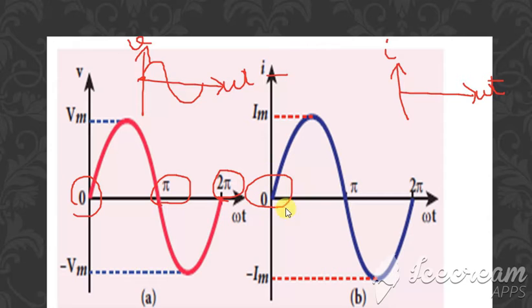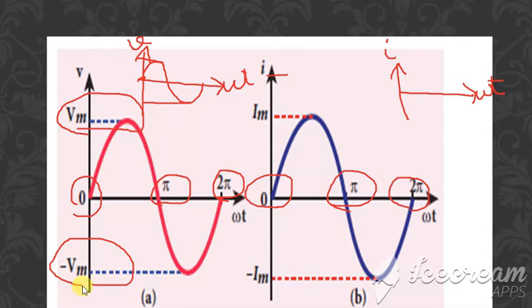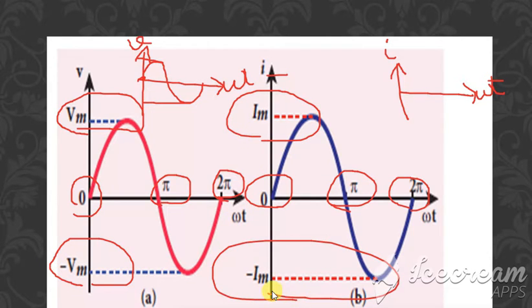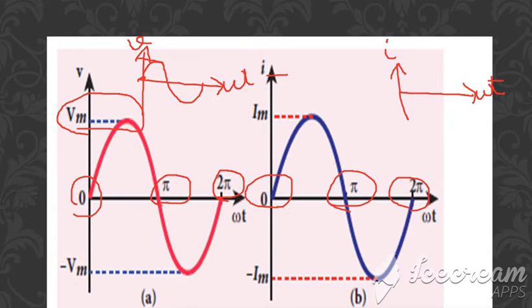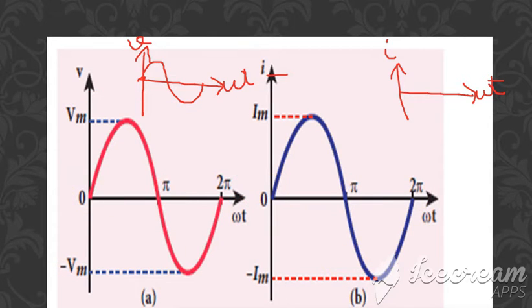In the same way here also 0, pi, and 2 pi. Next, when you see the maximum positive and the maximum negative values here, this is the maximum positive, and that maximum positive is represented as Vm, and the maximum negative is represented as minus Vm. In the same way here Im, and this is minus Im. Okay, so this is the graphical representation of the voltage and the current.